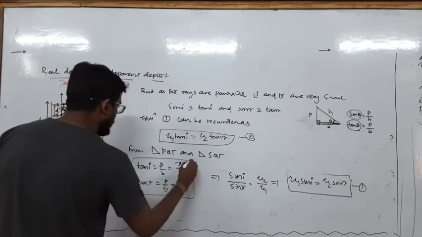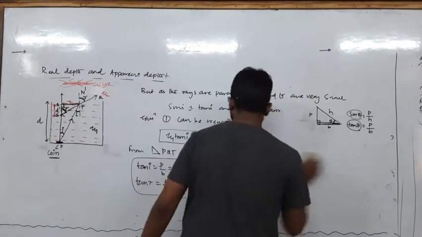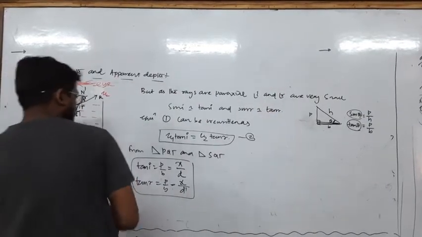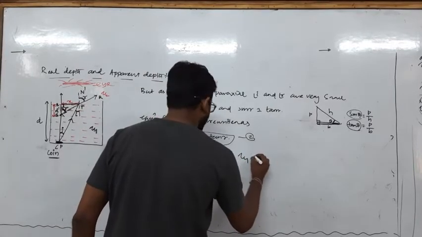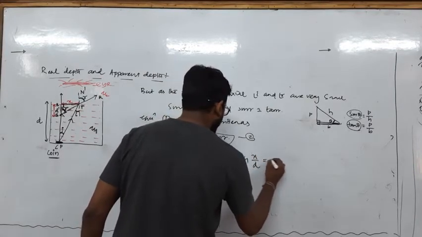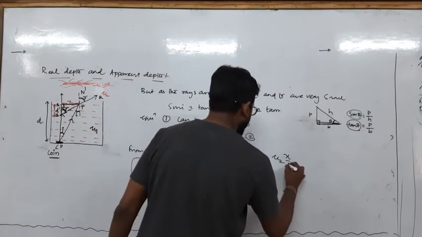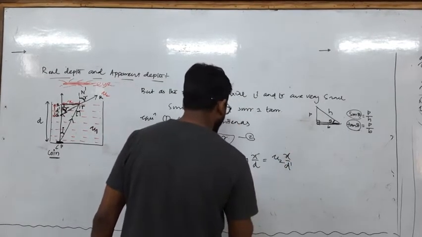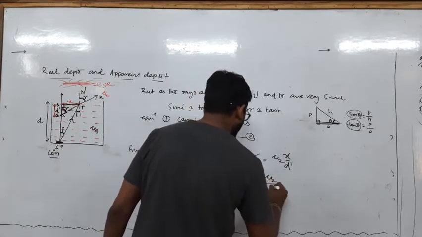Clear? So from this we will get mu1 tan I, so this will be mu1 x by D equal to mu2 tan R, that is x by D dash. So x will cancel, so D dash by D will be mu2 by mu1.